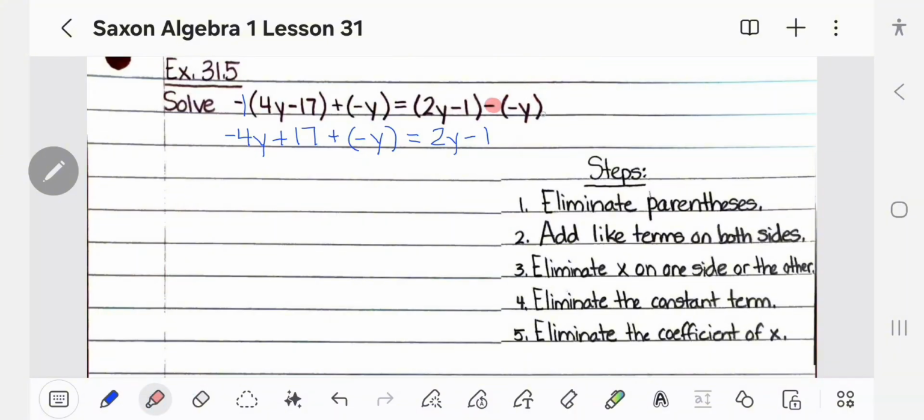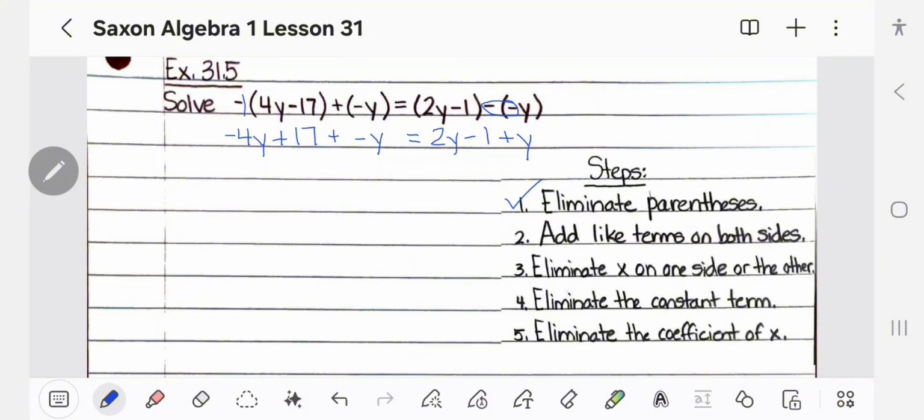We have the opposite of the opposite of y, or minus the opposite of y, and that will be a plus y. So we do have these parentheses, but I think they're only putting those there because it's separating that negative symbol, the opposite symbol, and you really don't have to have that there. Nothing's multiplied by it, so we can leave it just like that. So we've eliminated our parentheses.